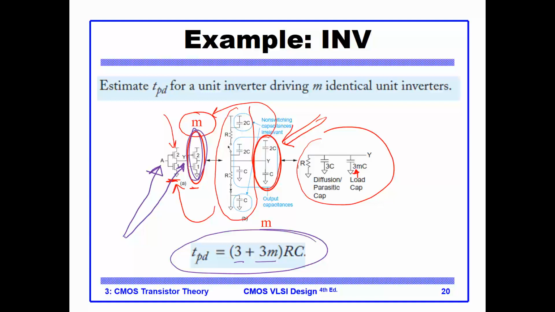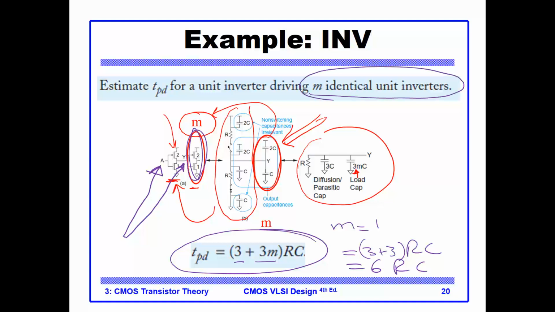Notice that when M equals 1, this equation becomes 3 plus 3 RC, which is equal to 6RC, the same conclusion that I had one or two slides earlier. We call these an M load of identical unit inverters.